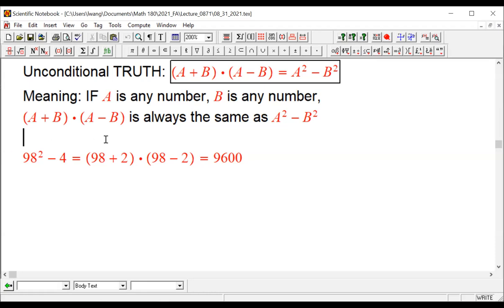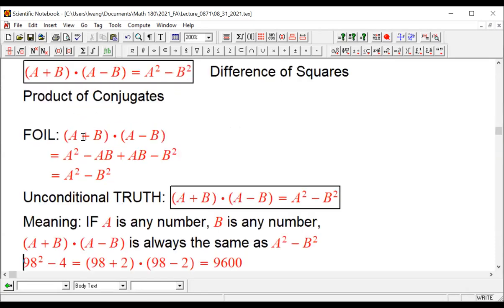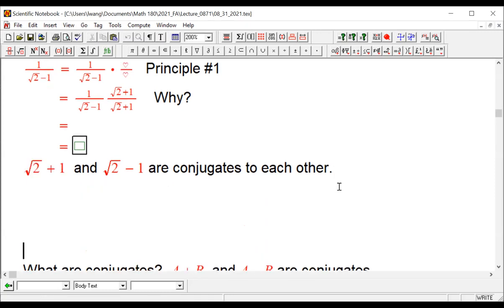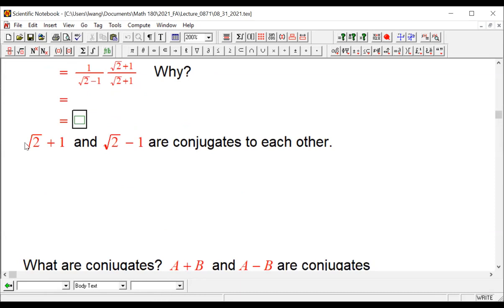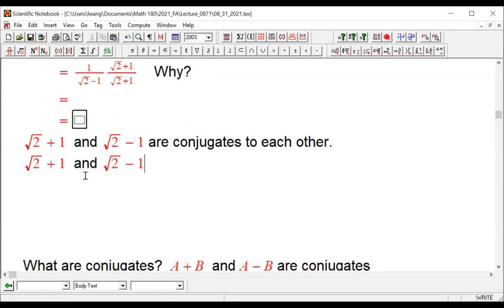So this property is very useful. Now let's go back to why we choose this, right? So let's go back to here. When we multiply √2 plus 1 with √2 minus 1, what do we get? 2 minus 1.